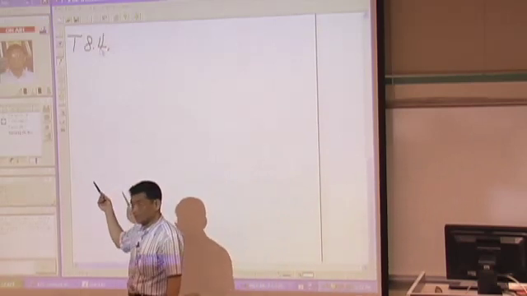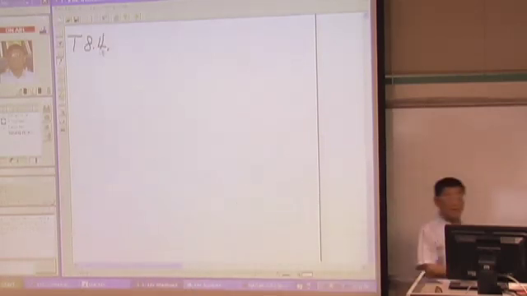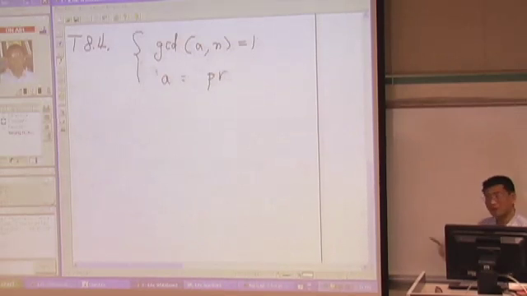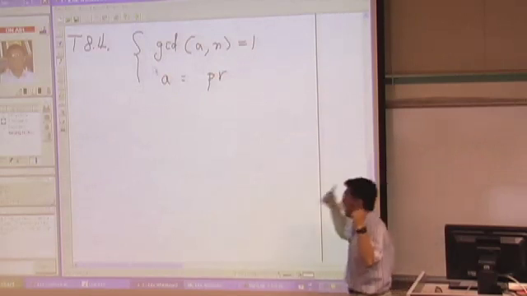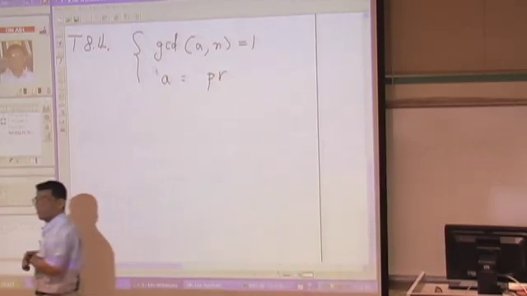We felt it's very strange, but we are already very close. If GCD of A and n is 1 and A is a primitive root, this is a fair condition, right? A is a primitive root, and GCD of A and n is 1.